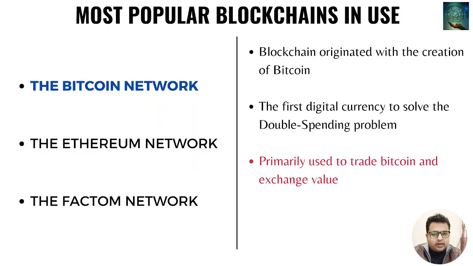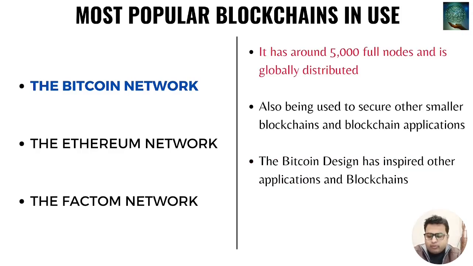Basically, the Bitcoin blockchain was mainly used to trade Bitcoin and exchange value. As we have already seen, as soon as it got launched, people started buying and trading Bitcoin, and you might also have invested in Bitcoins. So the main purpose was to exchange value.